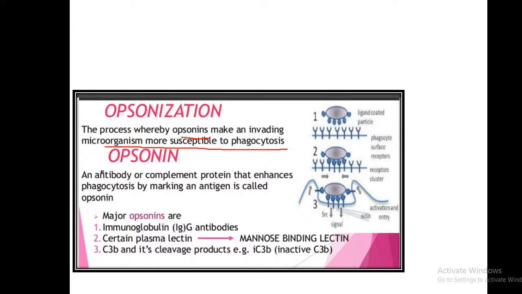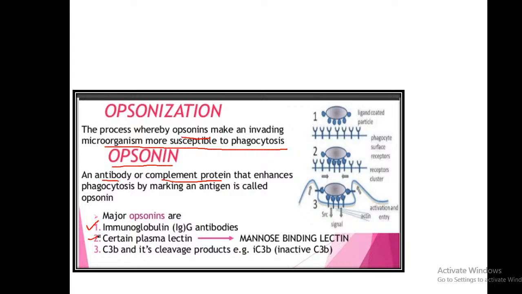What are opsonins? There are different types of substances which act as opsonins. It can be an antibody or a complement protein. There are different types of proteins in our body which act as opsonins. The major opsonins are, first, IgG. The major opsonin in our body is IgG.